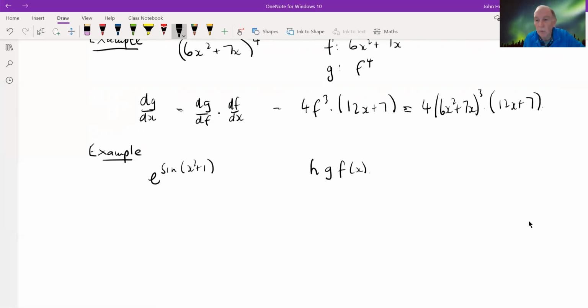Okay, so we can extend the chain rule now. What we need to do first of all, I think, is identify what we're talking about. These are nested functions, aren't they? So we've got f is going to be x squared plus 1, our g is going to be the sine of f, and our h is going to be e to the power of g.